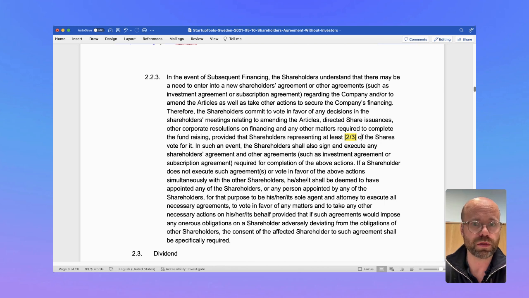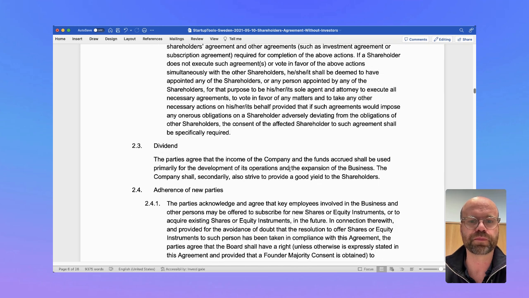And we don't know what's in that agreement. So if you're signing this, someone else might vote in a way that means you have to sign a new agreement. There are some exceptions here around it, but still, I would be hesitant about that. I would probably put that number to be a bit higher.